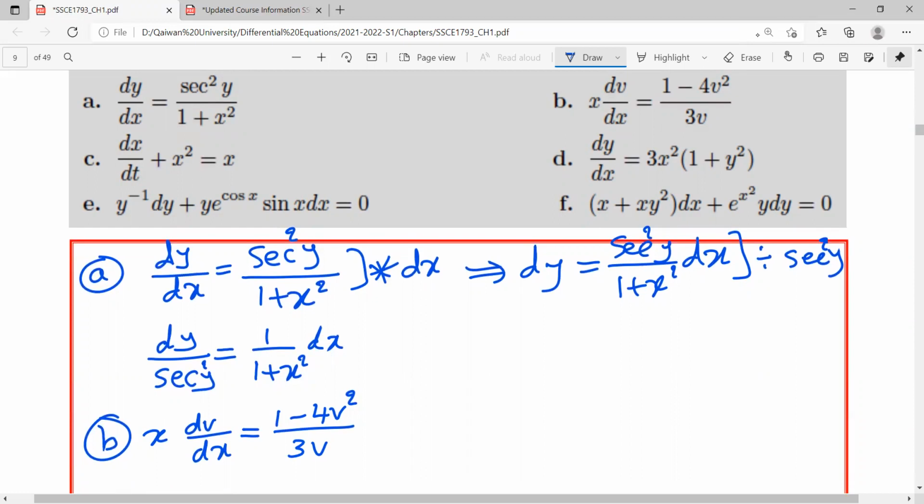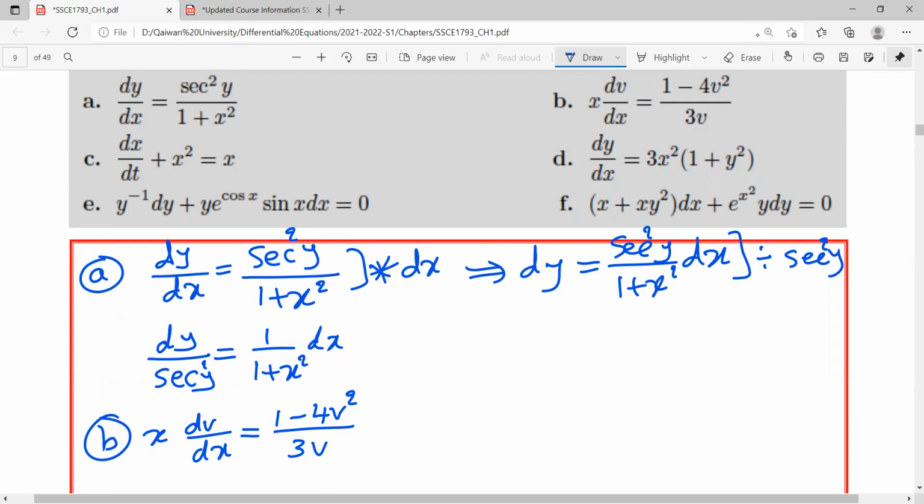This is the equation. To separate the variables here, what are the variables? x and v, and we have dv and dx. So we must put all v terms with dv and all x terms with dx.